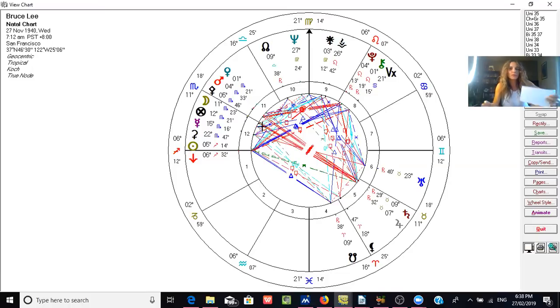When you look at this chart later, you will see what I've just said is 100% correct, because we're looking at air, we're looking at day, and we're looking at the third triplicity ruler, which happens to be Jupiter.